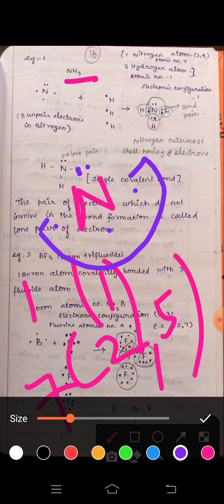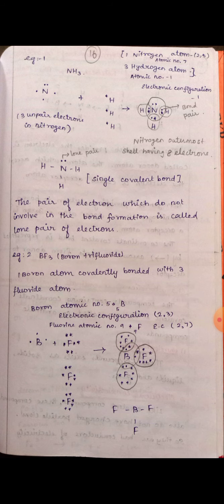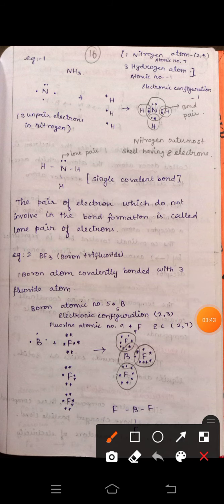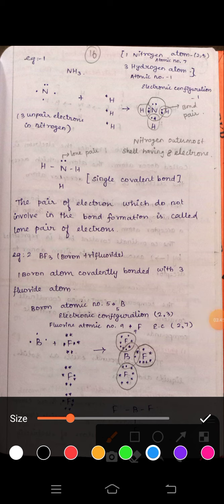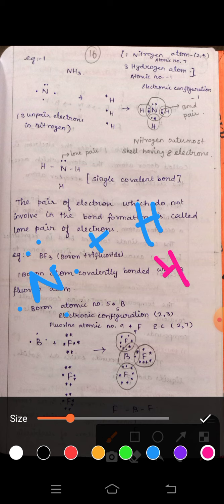Now let us do it for hydrogen. See here, nitrogen has one pair. Next it is combining with hydrogen atoms, 3 hydrogen atoms, each having 1 electron. Nitrogen has 5 electrons and the hydrogens have 3 electrons.